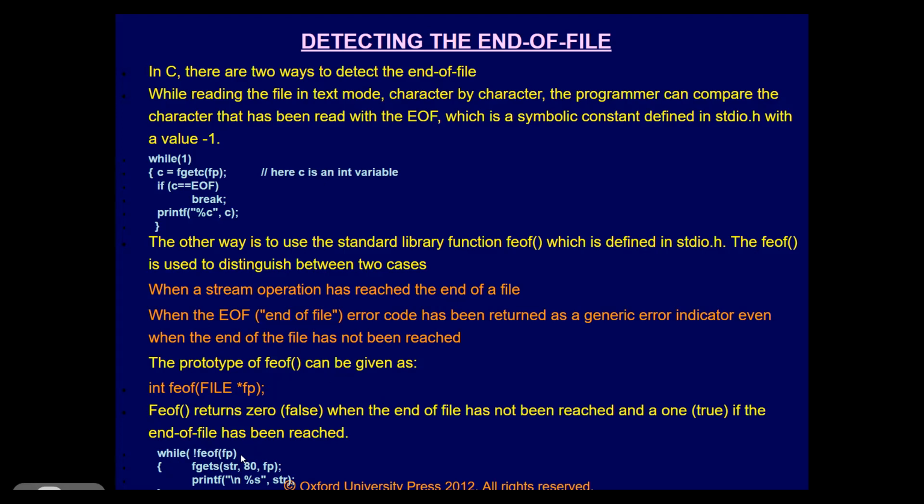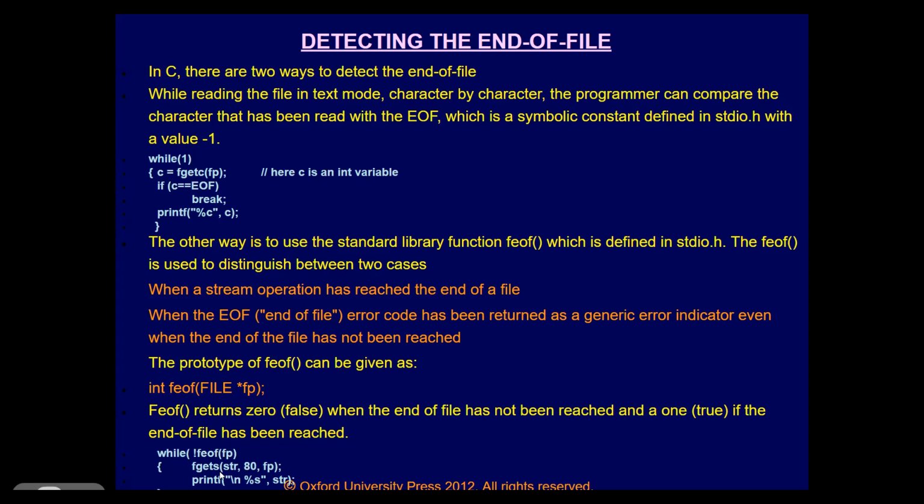So in the small example, feof(fp) means what? It checks if the end-of-file indicator for the file pointed to by fp is set or not. In the while loop, the first line continues the loop as long as the end of file has not been reached.